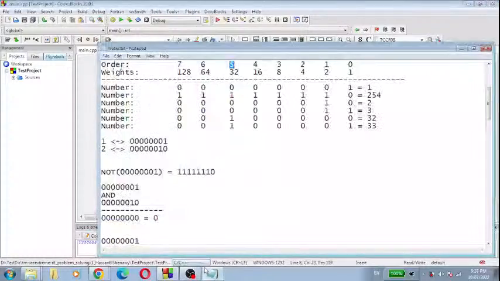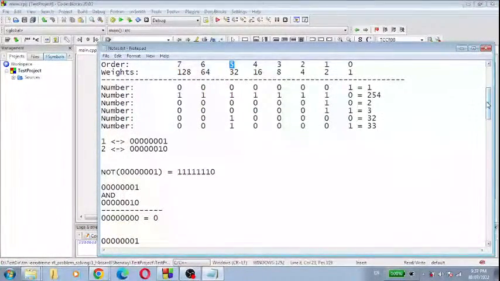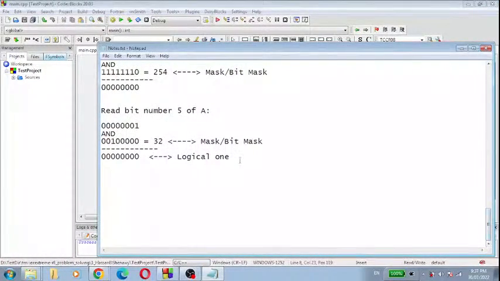Let's take this here. I have 1 shifted left by 5. Actually 1 is going to be this value 0 0 0 0 0 0 0 and 1. I want to shift this left.